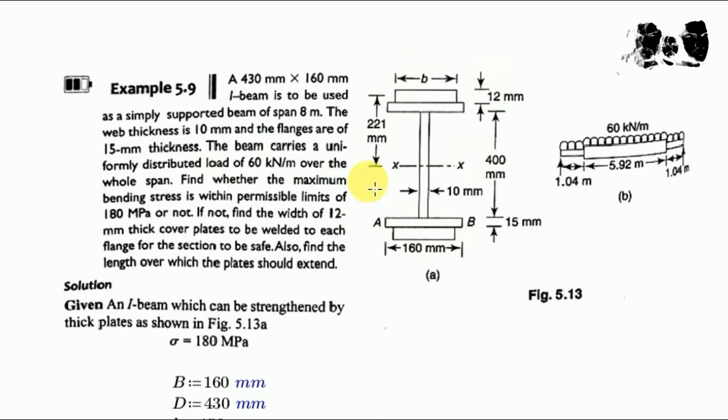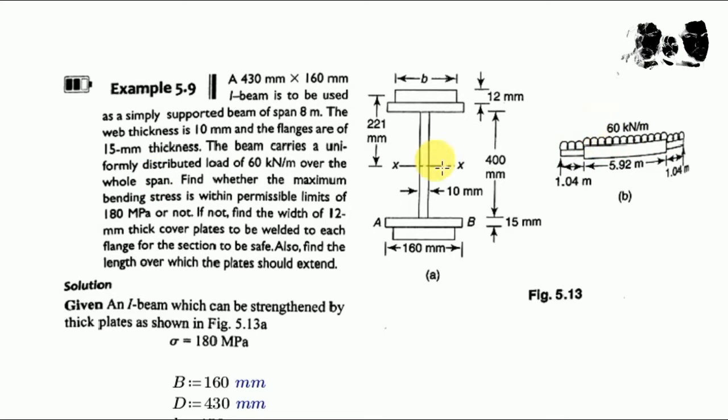This is a cross section of the beam where the dimensions of web and the flange width are given, which is 15 mm thickness. The beam carries a uniformly distributed load of 60 kN per meter over the whole span, as you can see here, which has already been applied.